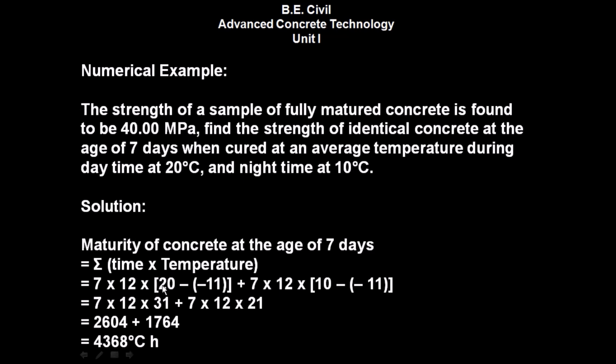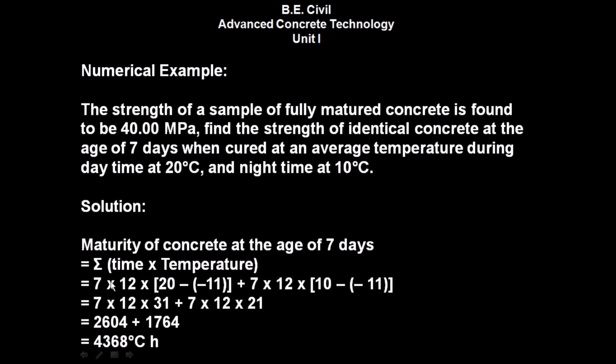Here in daytime it is given 20, minus 11, which was considered as the datum. So plus 7 again, that is 7 days, multiplied by 12 hours, multiplied by the temperature, here taken as 10, the night temperature, minus 11 degrees Celsius, that is the datum which is considered.